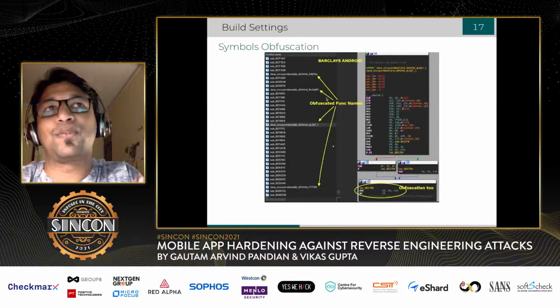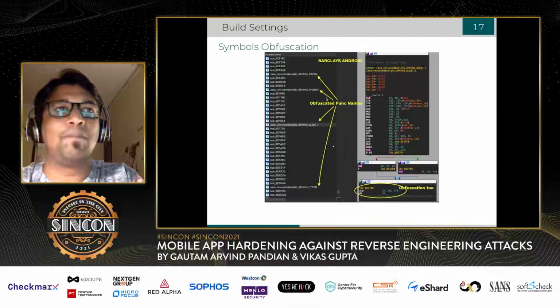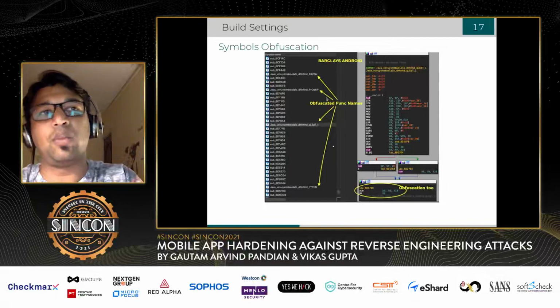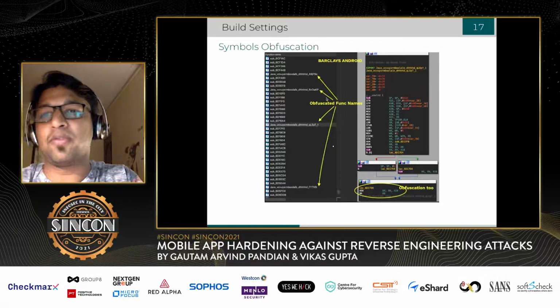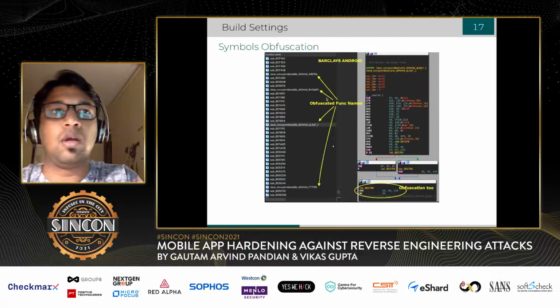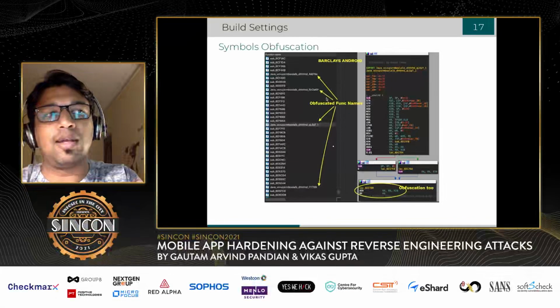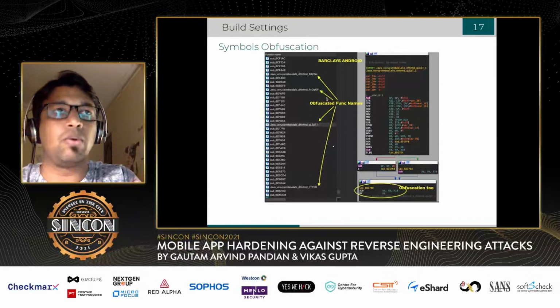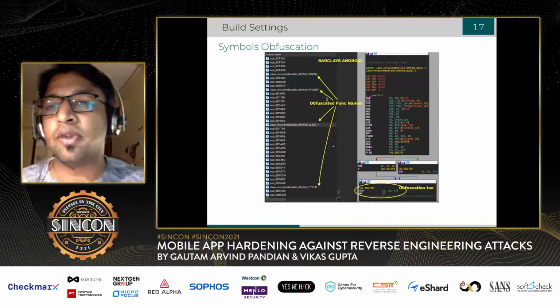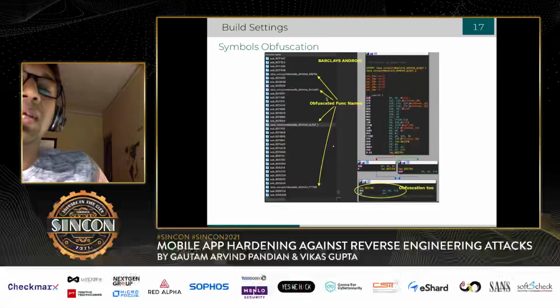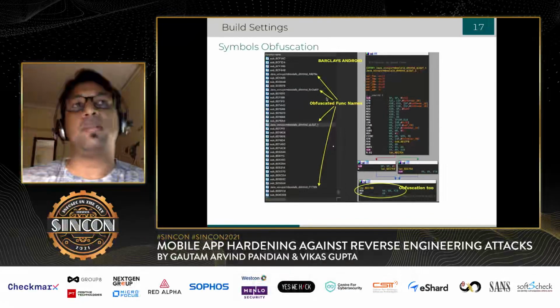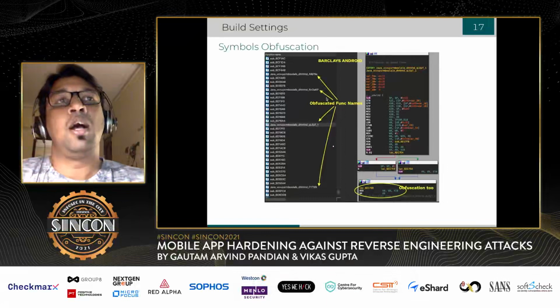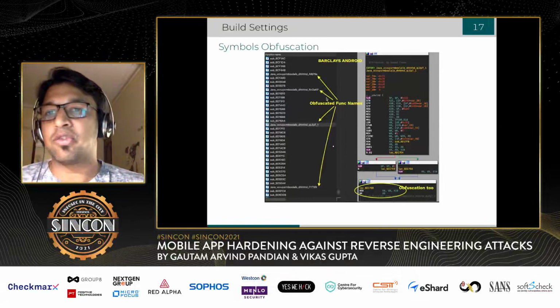I think this is the most common one, symbol obfuscation. I think everybody understands this, but I just want to highlight one additional point: there are places where you tend to keep meaningful symbols, or the tools cannot reach there to obfuscate them. Here I have an example from the Barclays Android application. You can see some JNI symbols there. They have been obfuscated, pretty much meaningless.